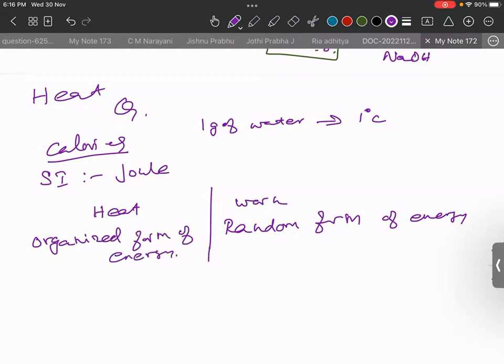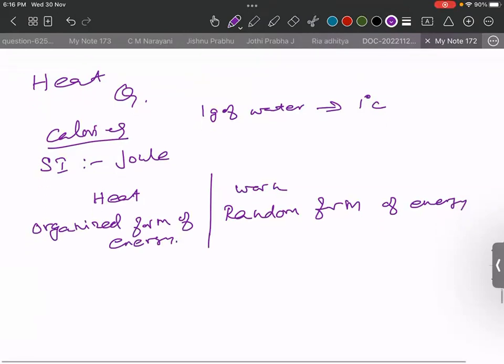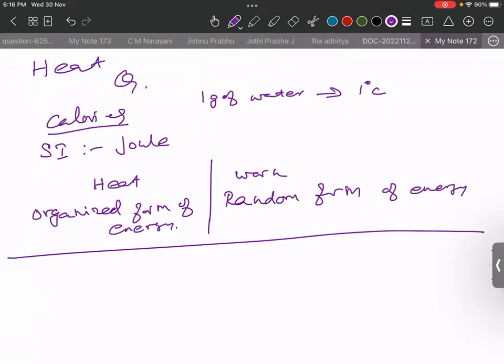Now we are jumping to the first law of thermodynamics, with the pressure volume work I told you, no?